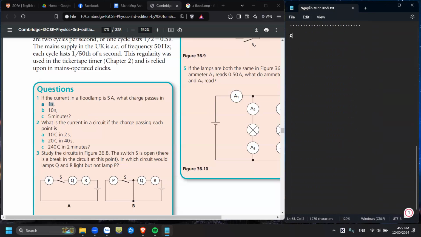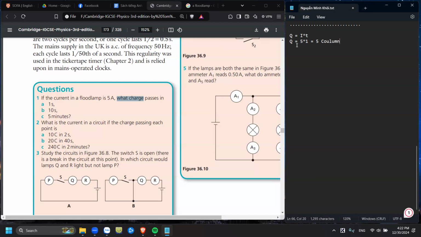Come on, we have a formula. Q equal to I times T. And here you are asked what charge passes in 1 second. So Q equal to 5 ampere times 1 second. So you have 5 coulomb.